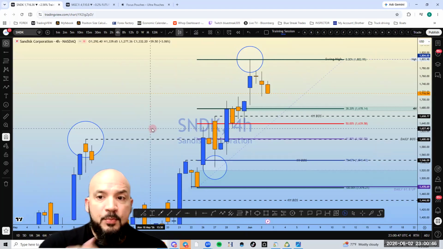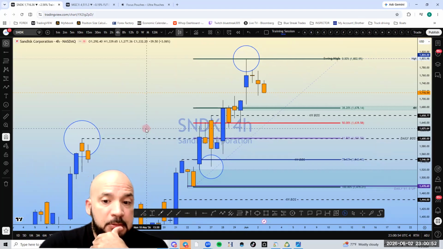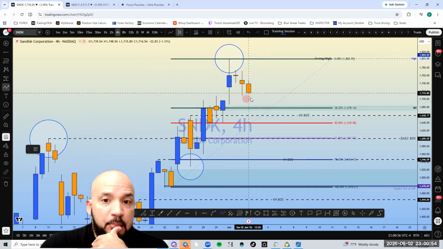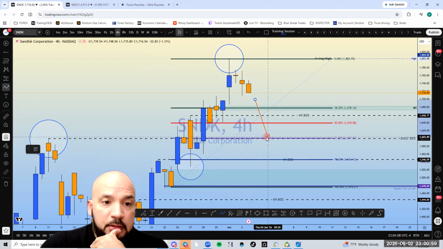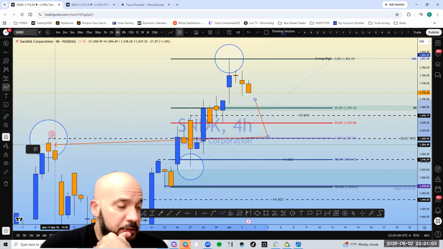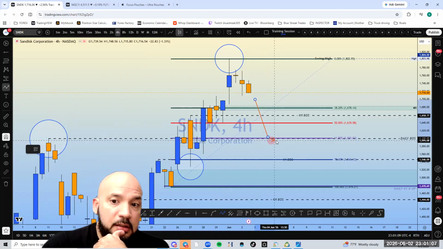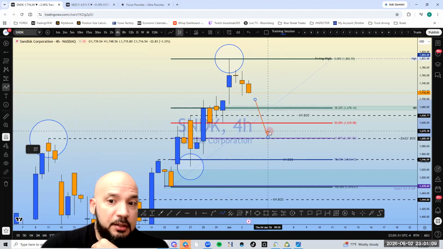Come back to retrace. So it wants to come back to the 618 and market structure. It's possible that this market may want to retrace down into this area here, which is the break of structure. This is a very interesting area of interest right here.